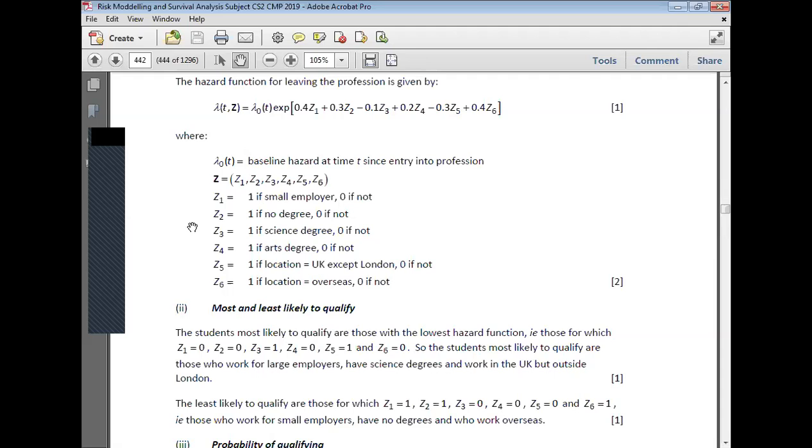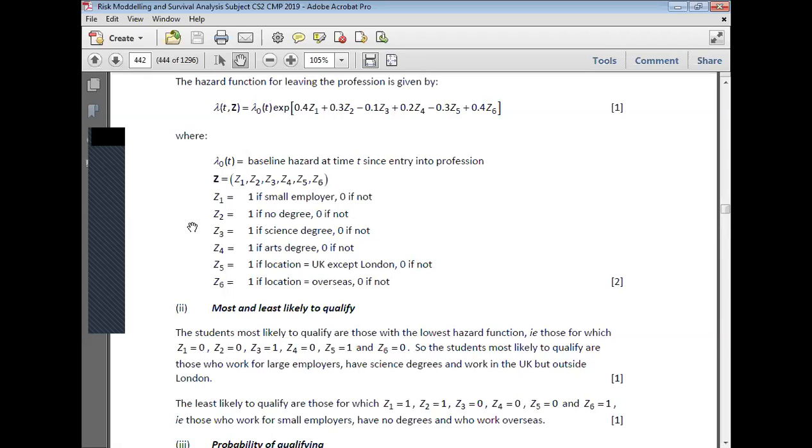And for the case where we have a negative beta, we assign them a value of 1. Then we will see who these people are. So I'm going to assign Z3 as 1 and Z5 as 1, so that my hazard is minimum, and then I know that these people are most likely to qualify, right?